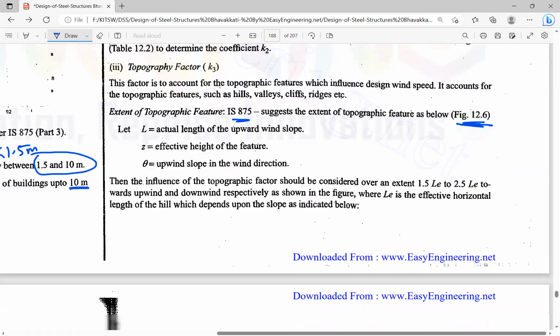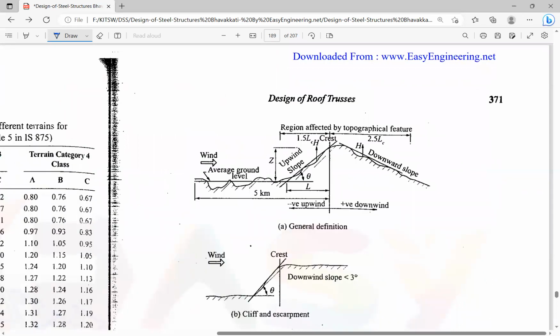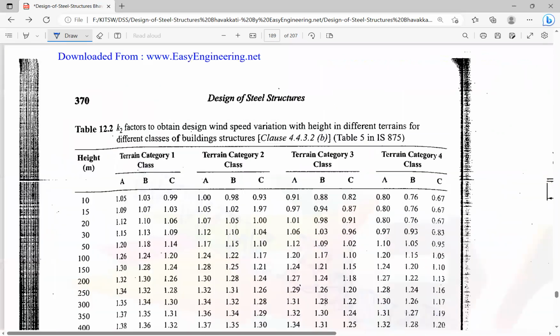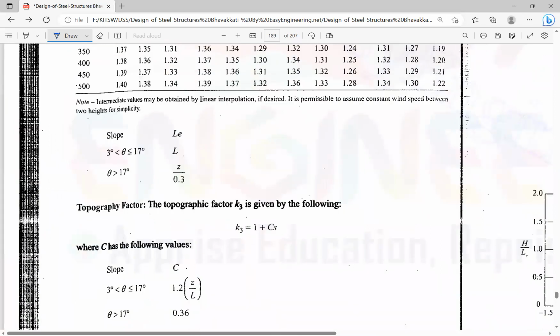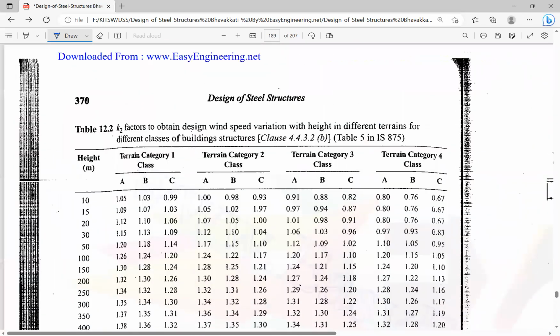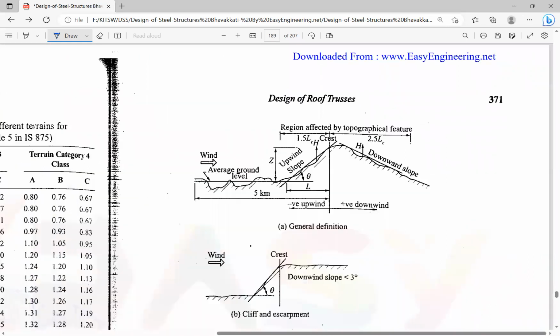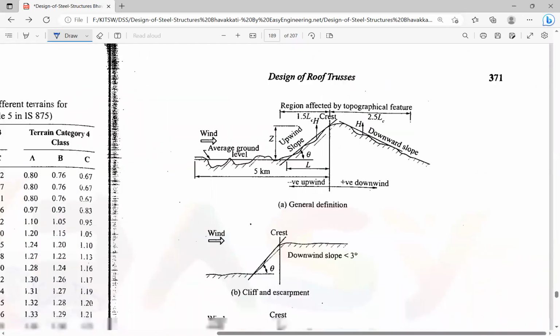After calculation of design wind speed, we then calculate design wind pressure. After wind pressure calculation, we are going to calculate pressure on the roof. We'll see a simple problem so that you can understand better.